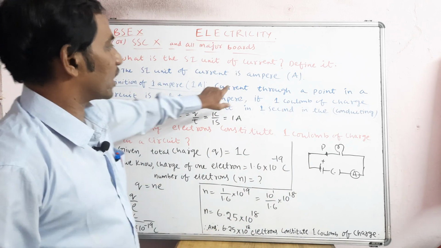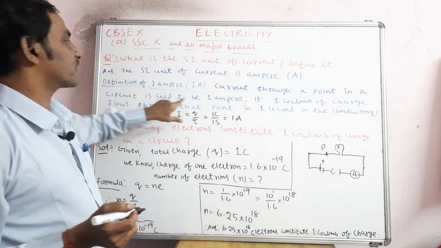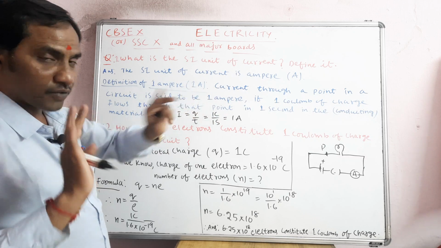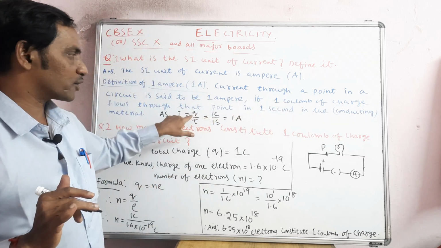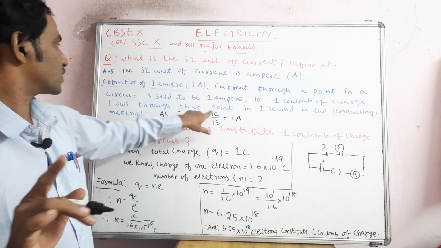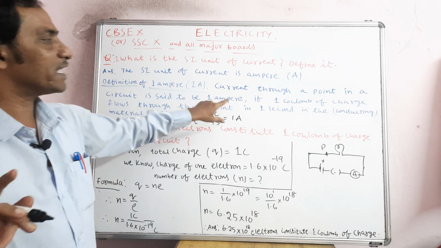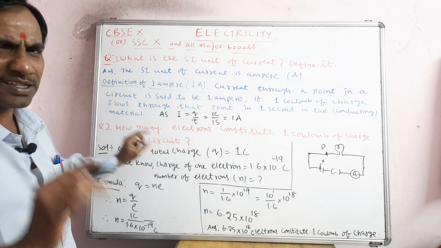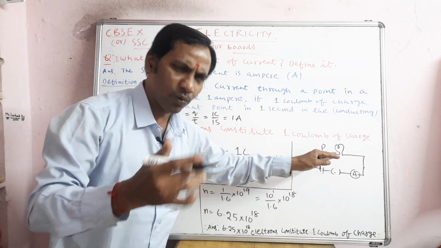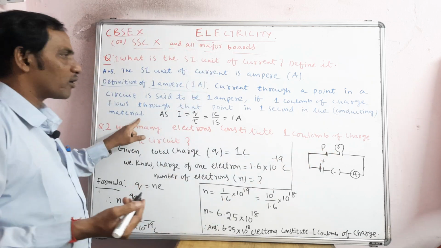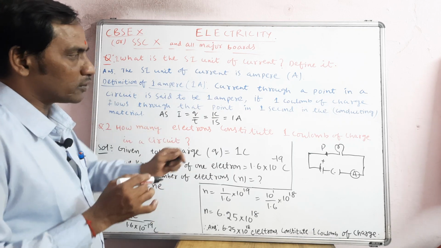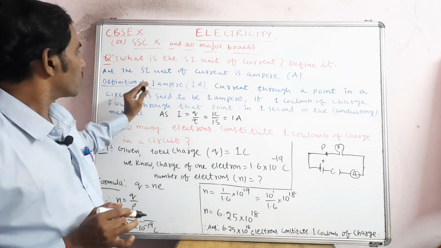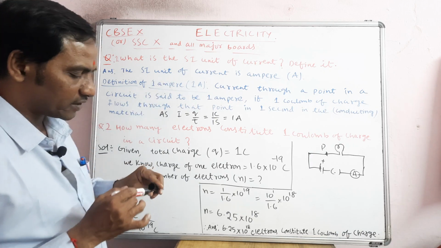Current through a point in a circuit is said to be 1 ampere if 1 coulomb of charge, that is Q as 1 coulomb, flows through that point in 1 second in the material, meaning in the conducting wire. You can write conducting material, like that. That is called the definition of ampere. In that way you can write.